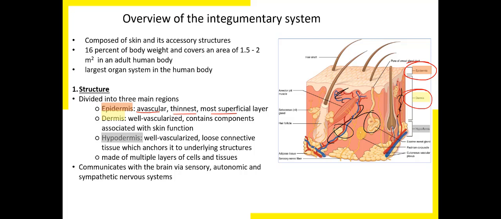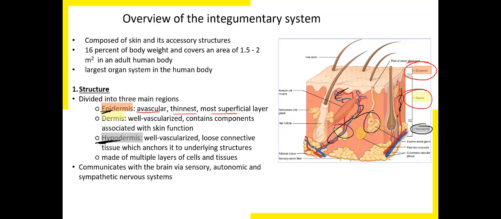And then the deepest layer of the integumentary system is the hypodermis. Hypo means below or under. So hypodermis means under dermis. Epidermis means above dermis, right? So you can actually figure out the location based on the prefix of the terms.